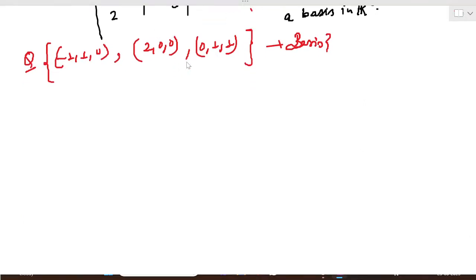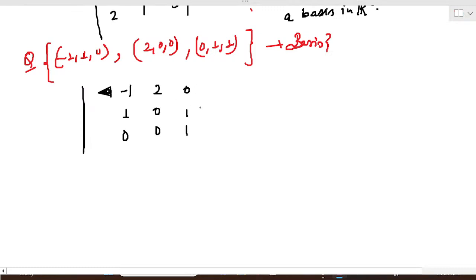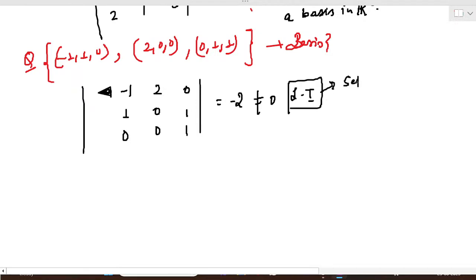Just check the determinant, and things will be done for you. It will be simply non-zero. So I can say that this will be a linearly independent set of vectors. So they will form what? Basis.